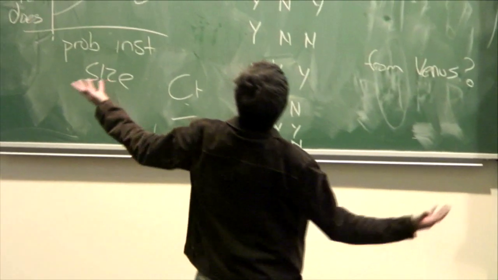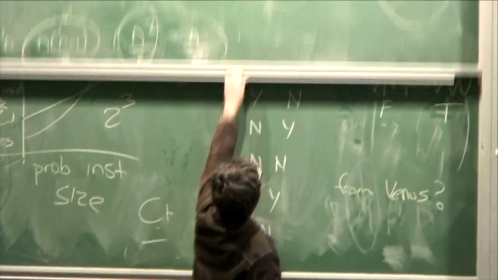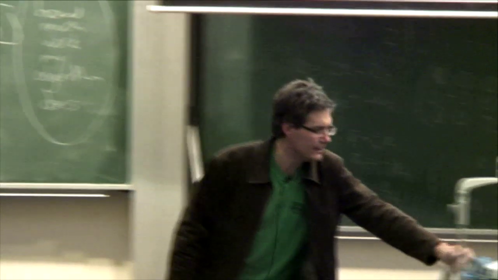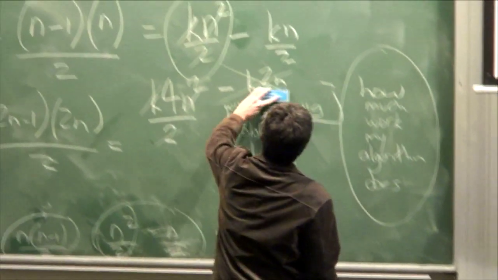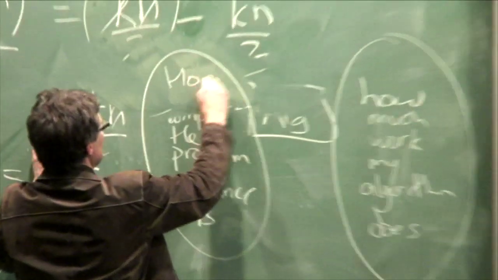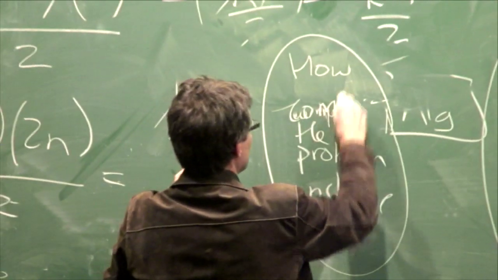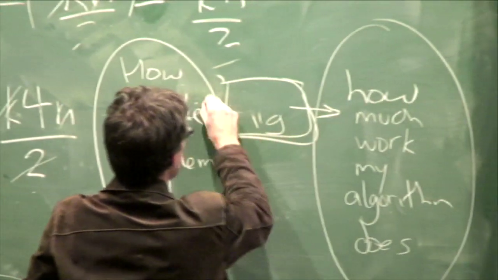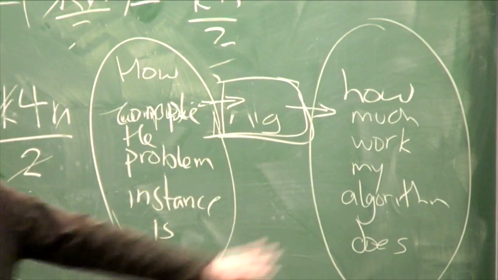Now, Richard very cleverly nearly rubbed it out. Here it is. Our whole mission in this course is to grapple with this dilemma: given how complex the problem instance is, how much work do we have to do? I've talked about work already.